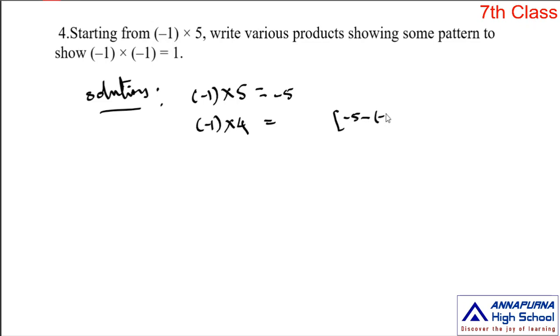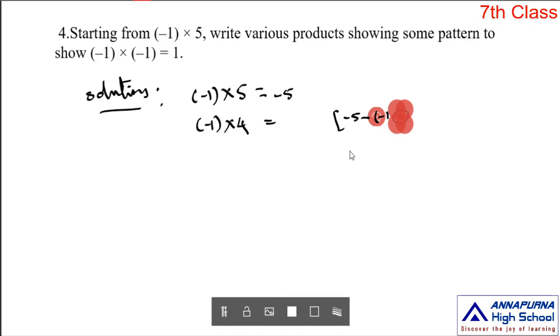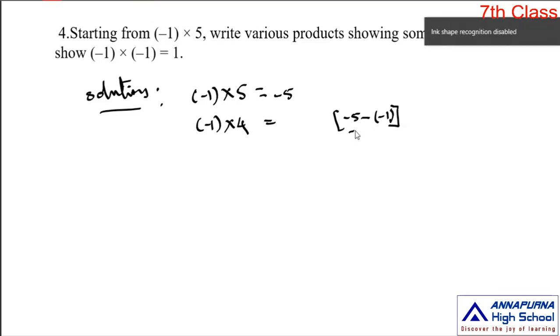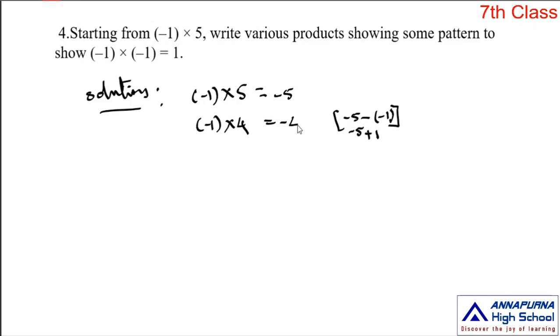Minus 5 minus of minus 1 is equal to how much? In subtraction we have to add the additive inverse to the first one. So minus 5 plus, the additive inverse of minus 1 is plus 1. So minus 5 plus 1 is equal to minus 4.